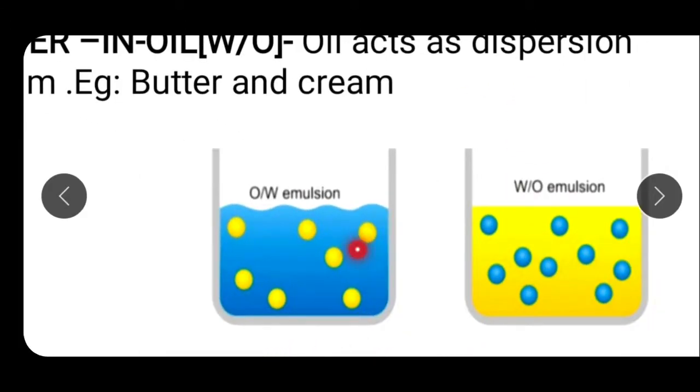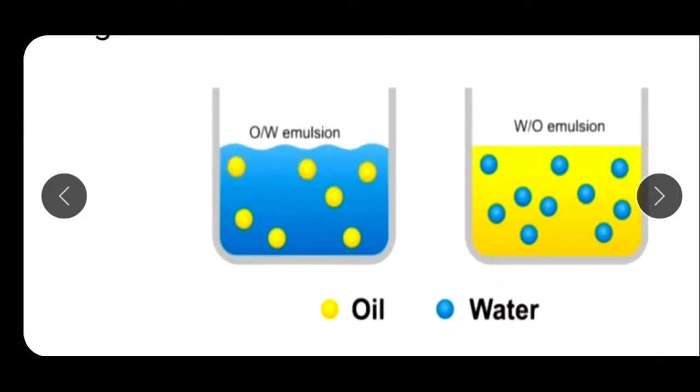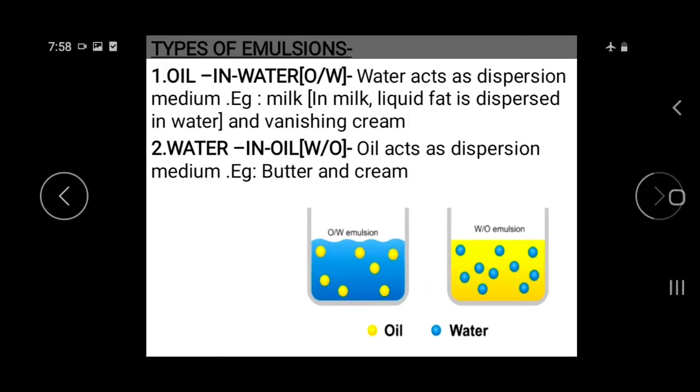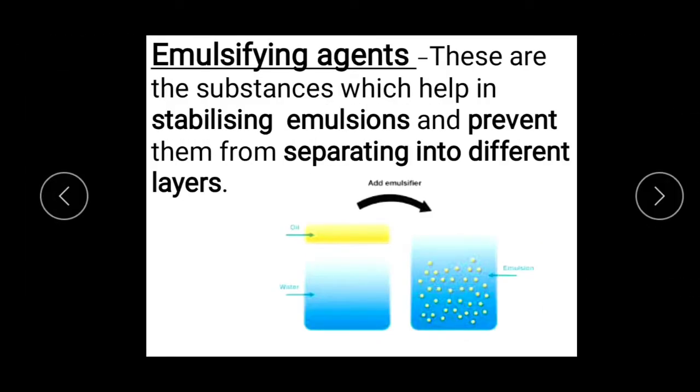And here you can see the oil in water type emulsion and water in oil type emulsion. The yellow spots are oil and the blue color is for water. So you can see clearly the difference. Now you have to remember one thing, emulsions are usually not stable and they separate out into different layers on standing. So what happens?